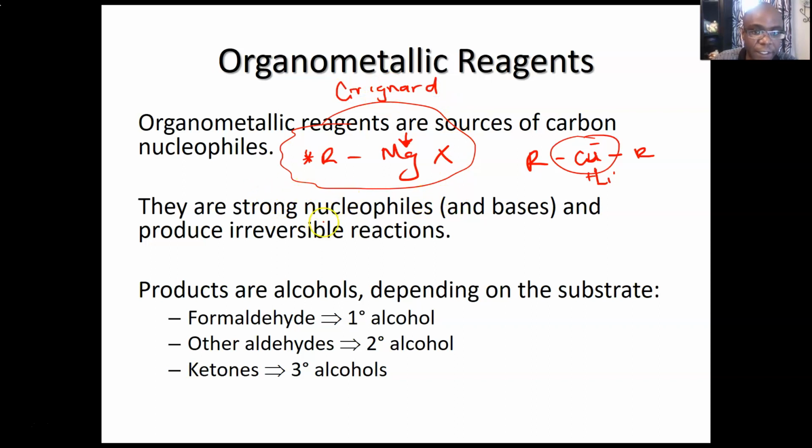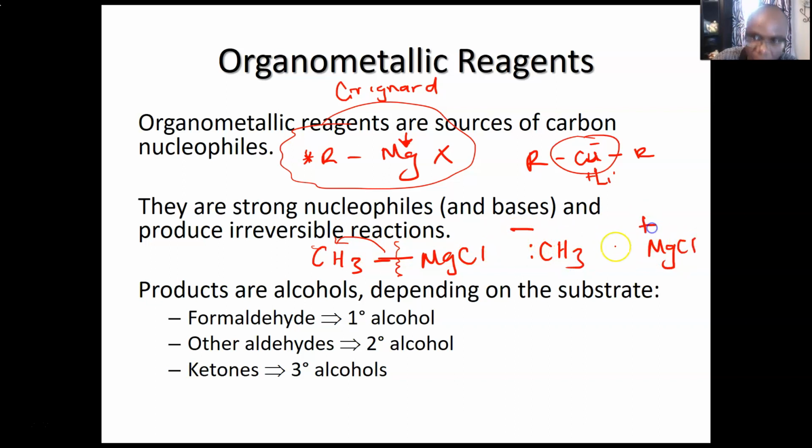They are strong nucleophiles and also strong bases because I said, for example, if you have CH3MgCl or Br, usually this bond is very weak and it breaks towards the carbon, so one will get CH3 with a lone pair, negative, and you'll get MgCl with a positive charge.